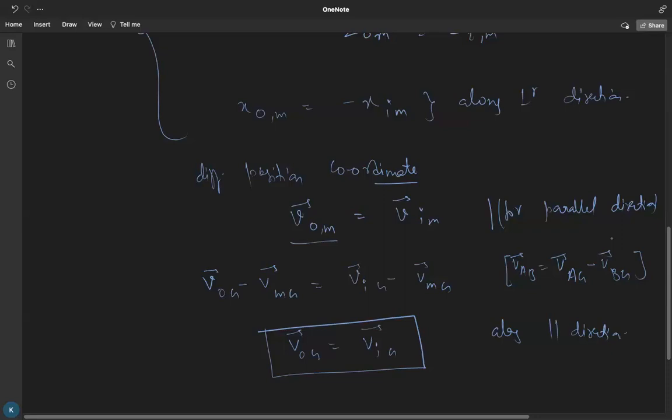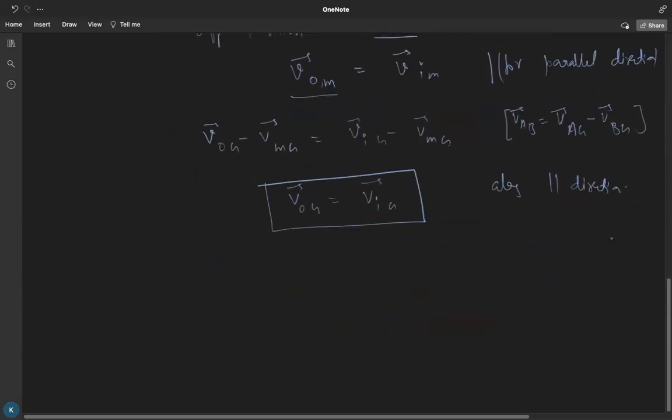And when I apply the kinematics of relative motion here, the velocity of the object with respect to the ground is equal to the velocity of the image with respect to the ground.